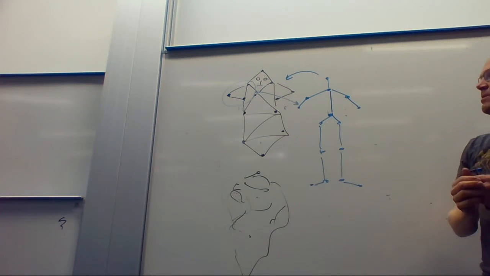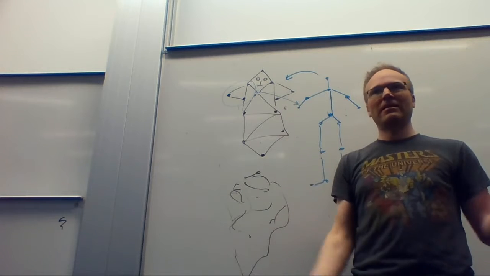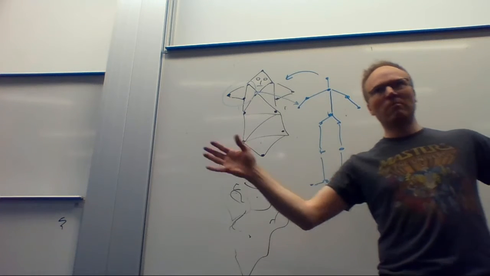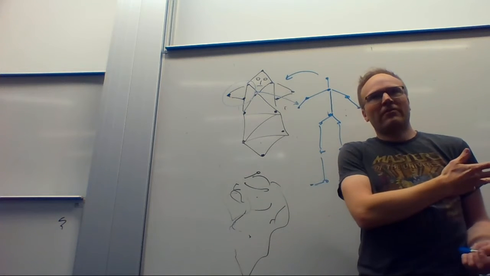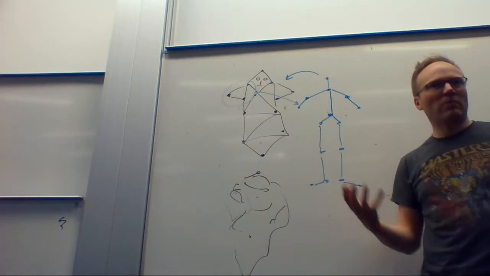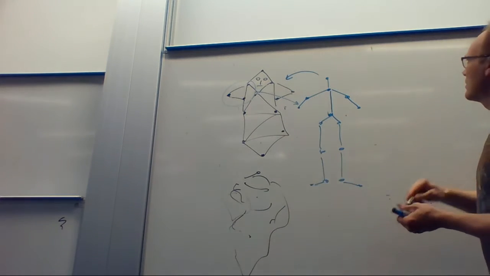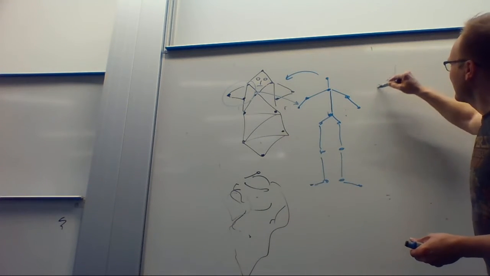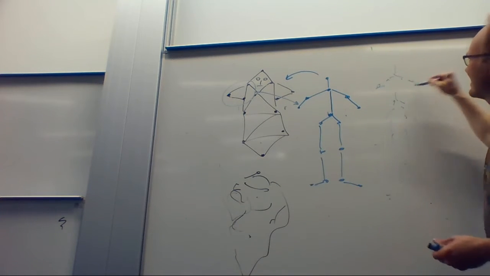But what if someone else brings in a character that already has been rigged with a nice skeleton and everything, maybe a few more bones than yours? Do you then throw out all of your animations and start over again? It is possible also to map from one skeleton to another. Let's say that I have another skeleton with many more bones.